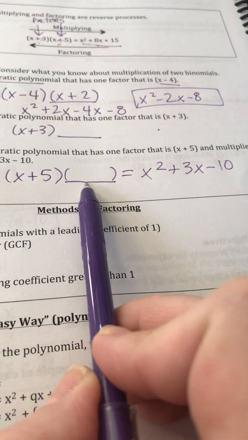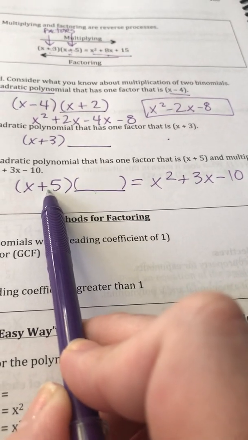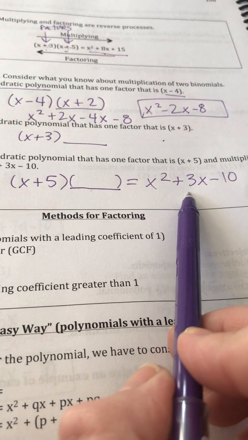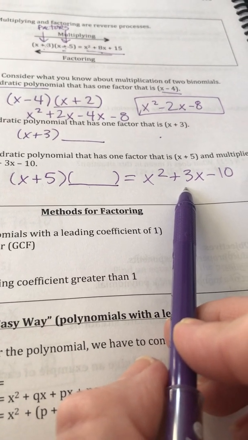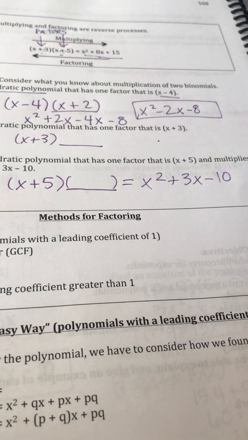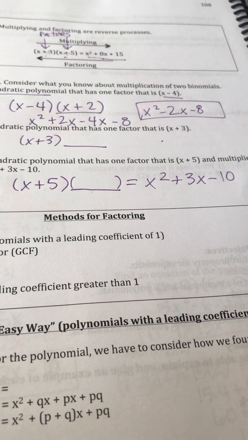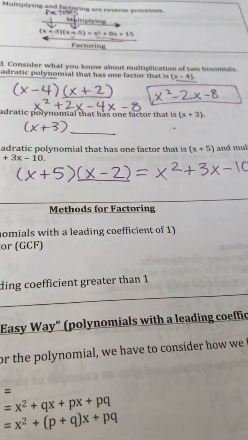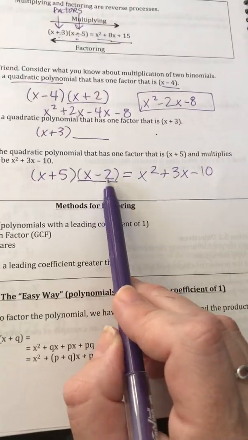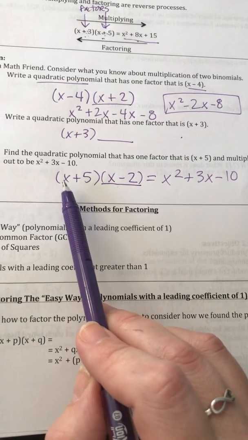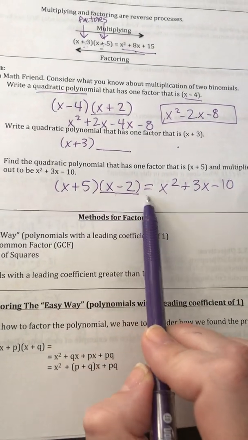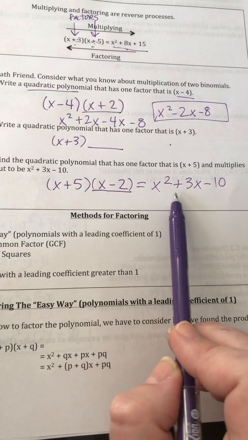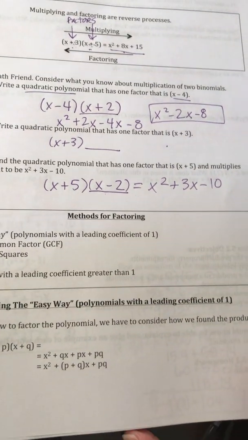What's another factor that goes along with x plus 5 in order to give us a quadratic polynomial of x squared plus 3x minus 10? You should have gotten the factor x minus 2. So when we have x plus 5 and x minus 2, when we multiply these together, they give us a quadratic polynomial of x squared plus 3x minus 10.